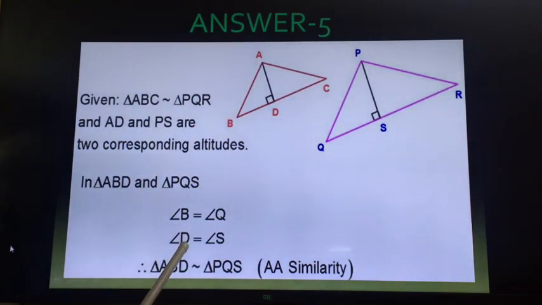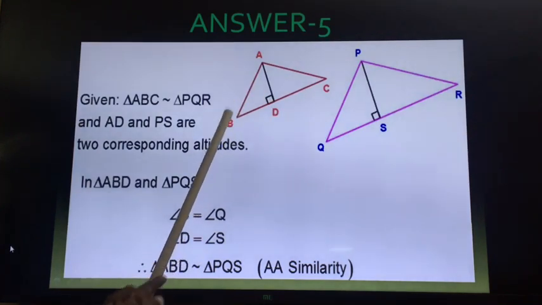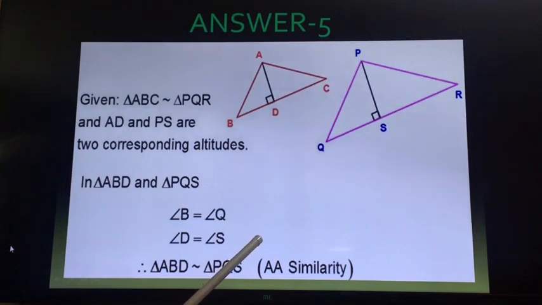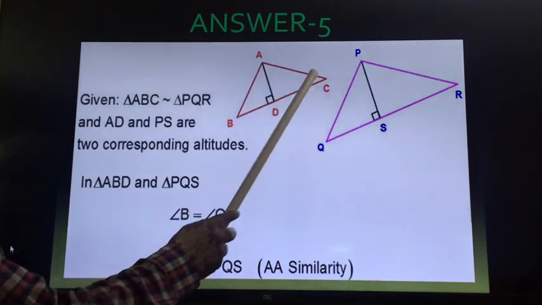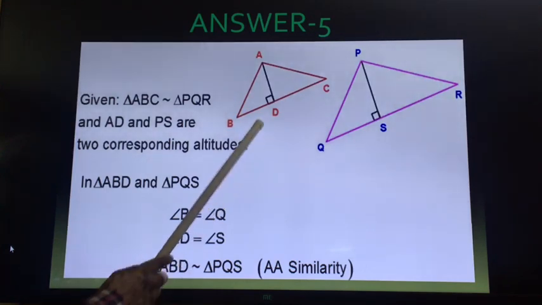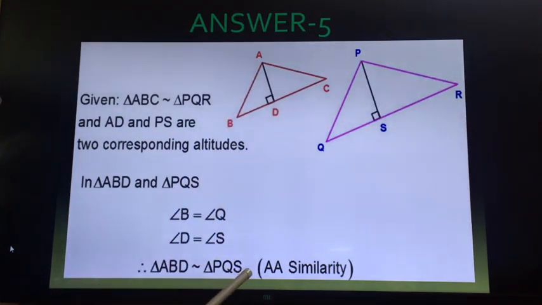And angle ADB is equal to angle PSQ because AD and PS are altitudes, and an altitude makes an angle of 90 degrees. So both the angles are 90 degrees. So two angles are equal, then triangles are similar. So triangle ABD is similar to triangle PQS by angle similarity.